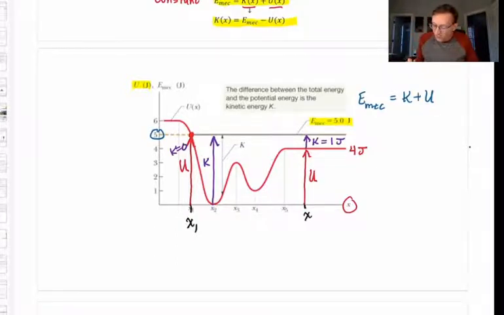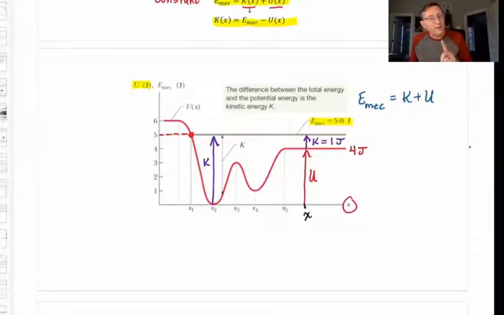Now, here's an interesting question. Why do you think the mechanical energy line is drawn to the left of x1 as a dashed line? See it here? What is that supposed to represent? What is that trying to say? What it's saying to you is that you will never find the particle, if its mechanical energy is 5 joules, in that region to the left of x1. Why?